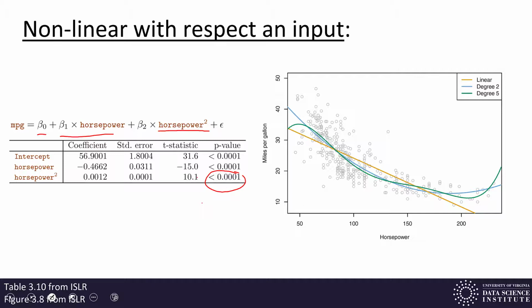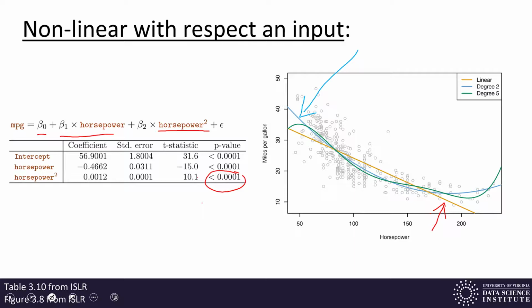On the plot on the right-hand side, you'll notice that the linear regression shown in gold gives us a decent fit, some measure of trend. But the light blue curve corresponds to the degree 2 polynomial, which we've shown in the regression on the left-hand side in that table, and that seems to give us a better fit to this data than just the linear regression.